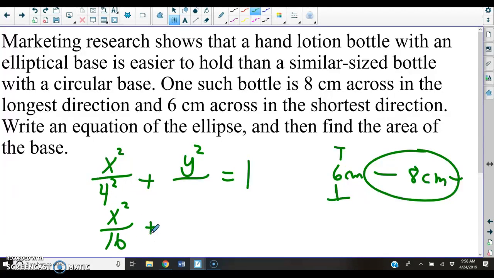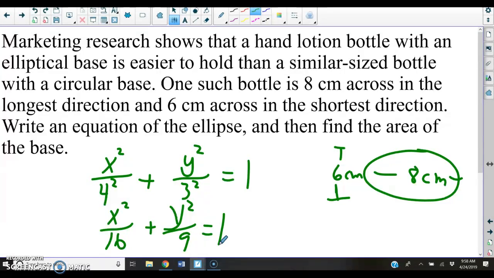Okay? And my y squared would be over 3 squared, so I'm going to write it over 9. Okay. So that's a quick equation. It didn't matter if you switched x and y around, put the 9 and 16 in the other places. Doesn't matter.